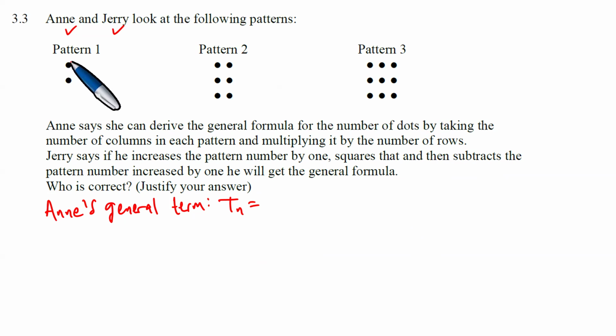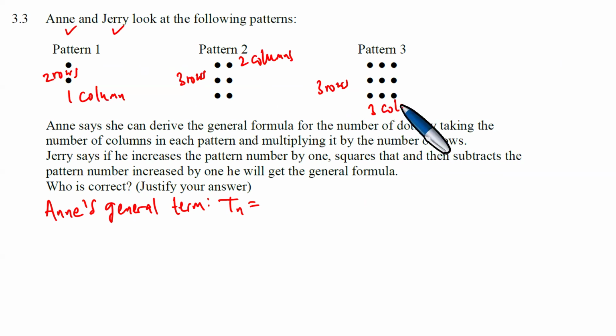Like at this point, there is 1 column, and how many rows are there? 2 rows. Here you have 1, 2, 3 rows and 2 columns. Here 1, 2, 3 rows and 1, 2, 3 columns.